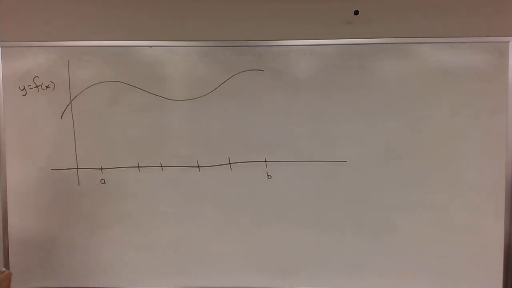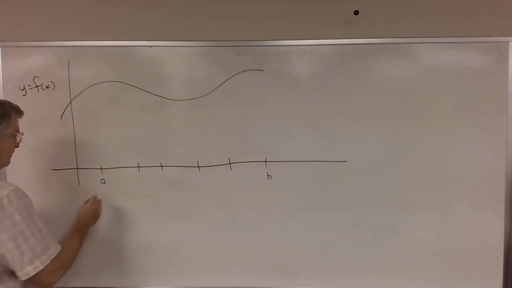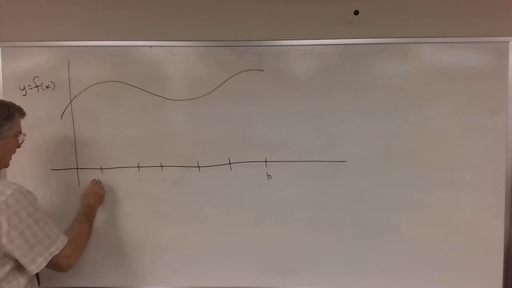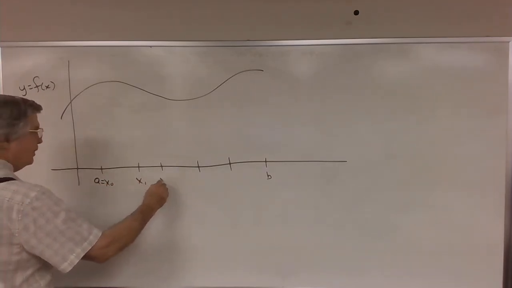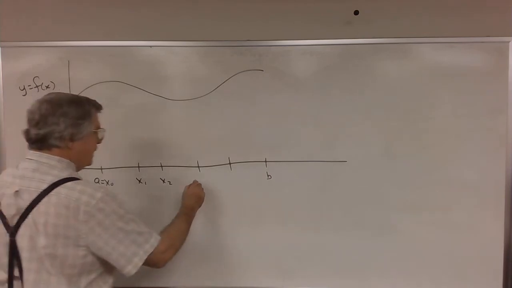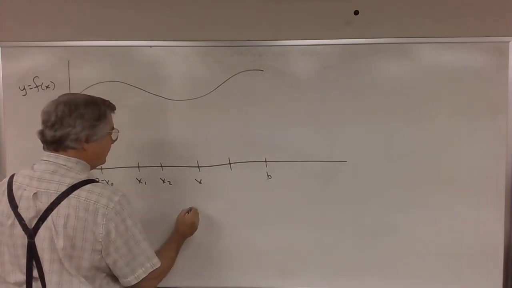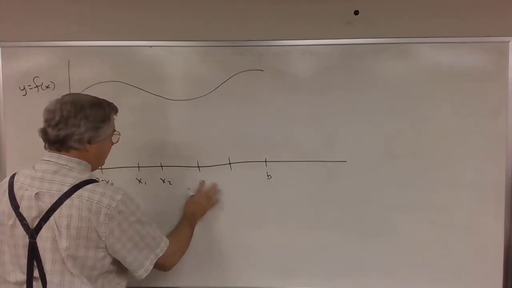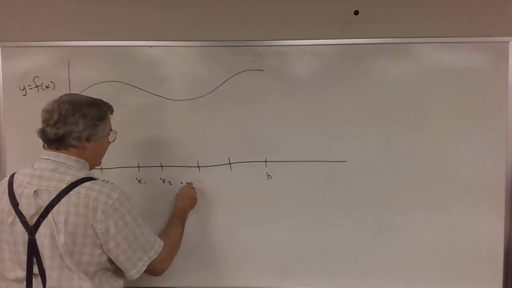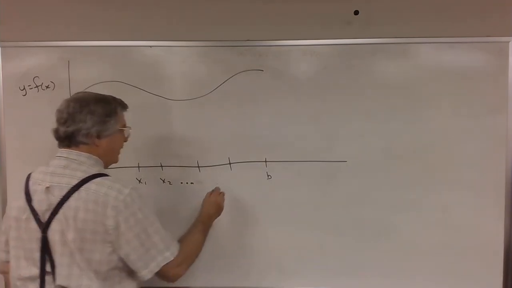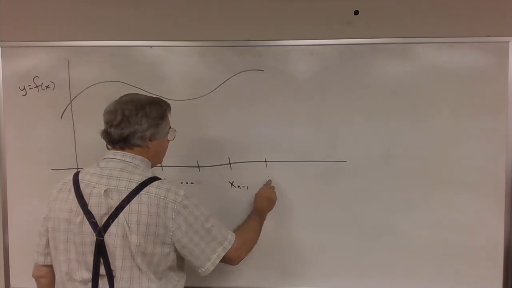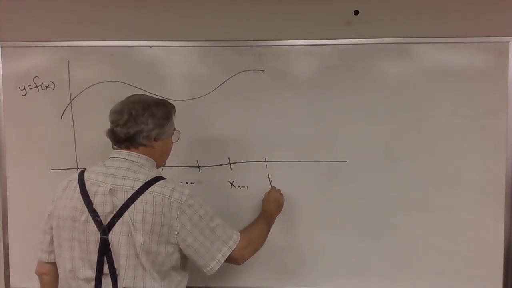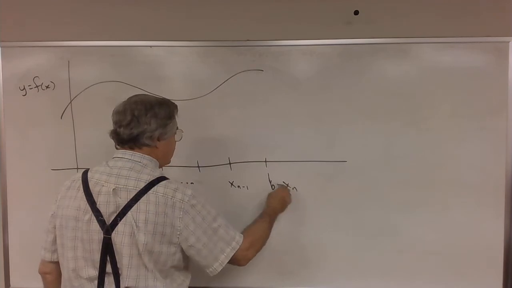Okay, here's my partition. Nothing great. And this is a equals x naught, x1, x2, dot, dot, dot, and xn minus 1, and then b equals xn.